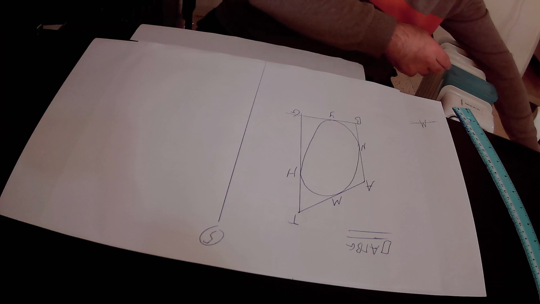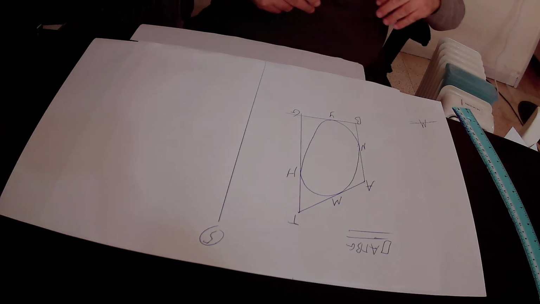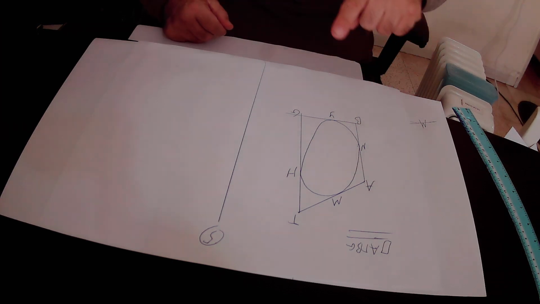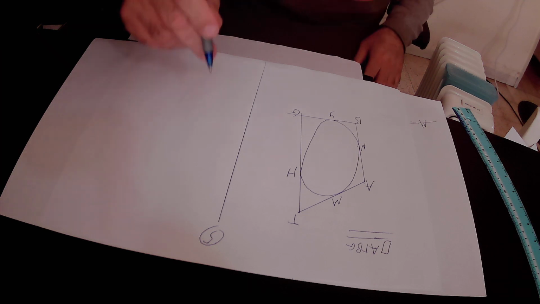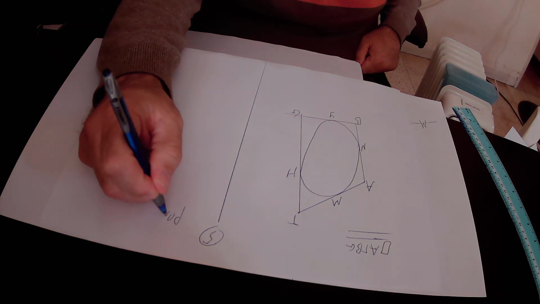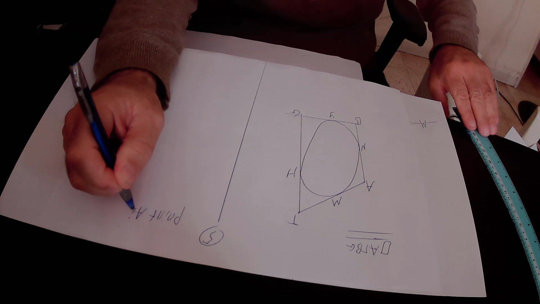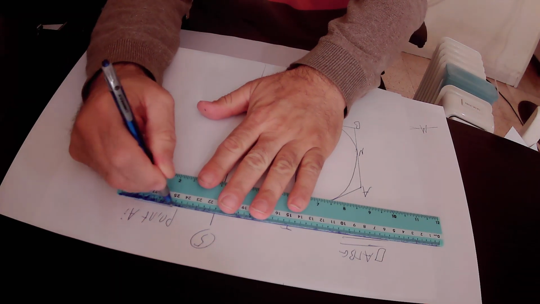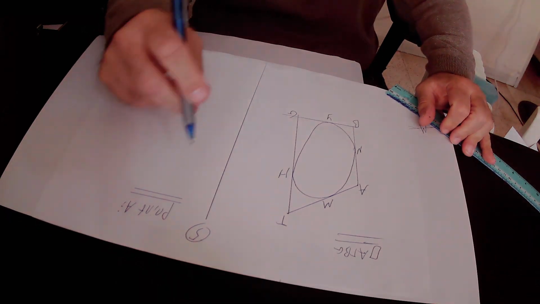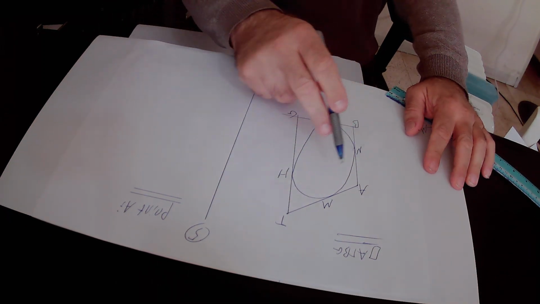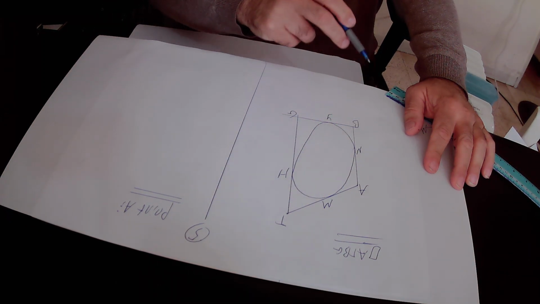So here we focus on the common external point, point A. From the common external point A, we have two tangents to this circle, tangent AM and tangent AN.